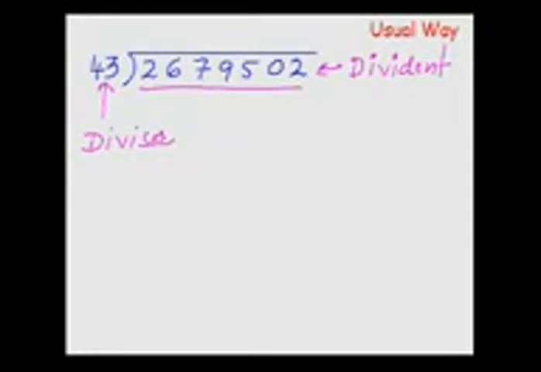Okay, and we are going to write our answer here in this space, and that answer is known, in technical terms, as the quotient. And if there is any digit left in the end, that would be the remainder. So now let's start dividing these numbers.